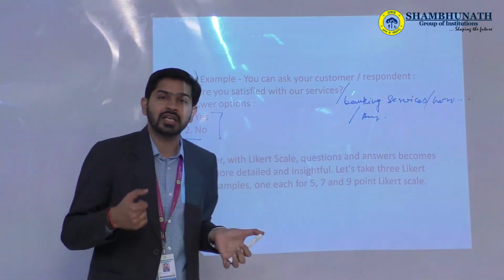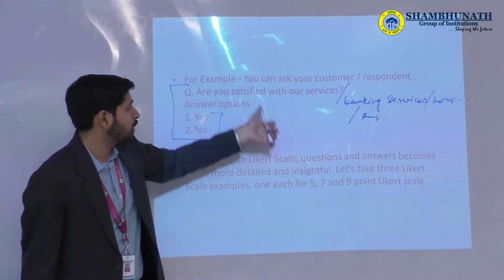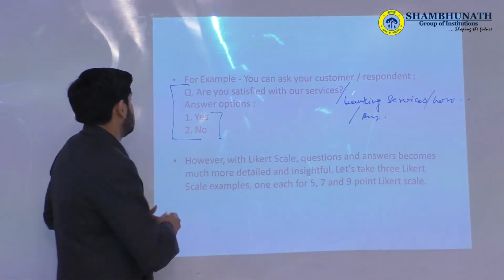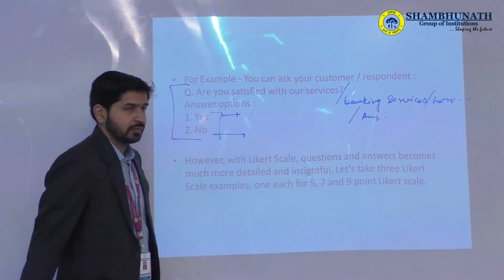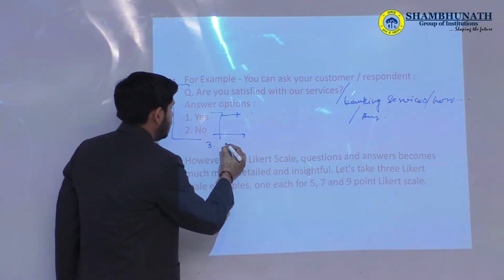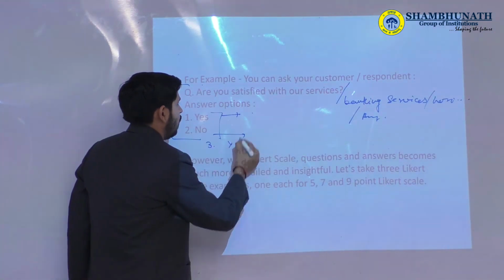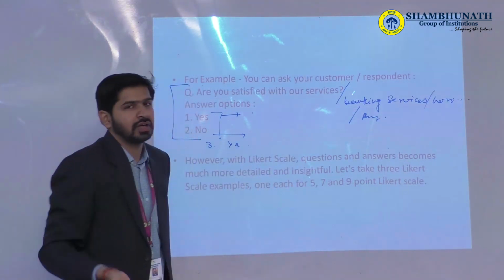But what does Likert scale give us? If you ask, are you satisfied with our services, yes or no, it means it's a closed option. Because a third respondent says we are satisfied with your services, but somehow we are not satisfied with your services.